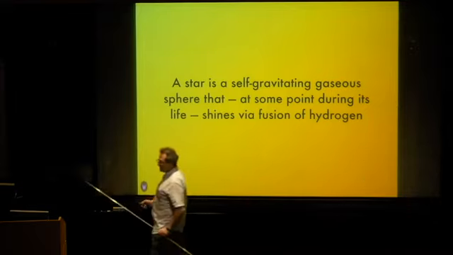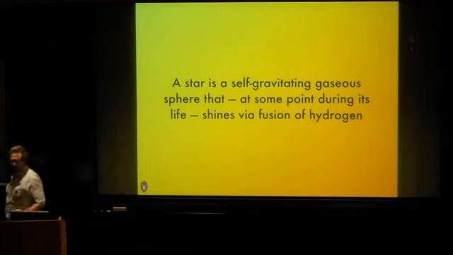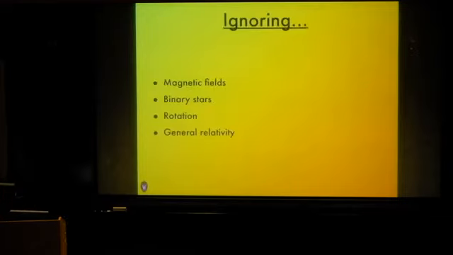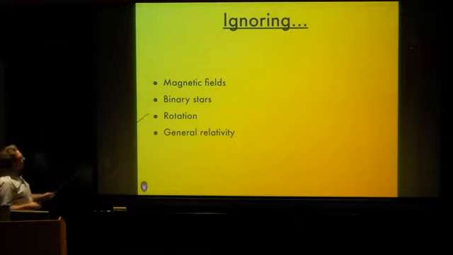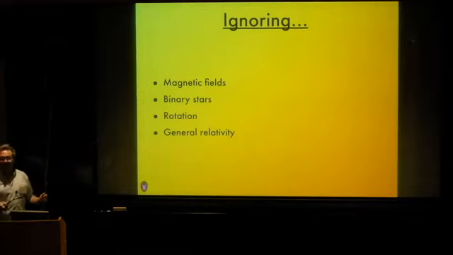That just sets the stage for how we're going to think about stars. What we're not going to discuss in this lecture and the one tomorrow are a couple of complicating factors that make stars even more interesting than usual. I'm not going to say anything about magnetic fields. I'm going to ignore the fact that probably the majority of the stars are actually part of binary or higher order systems.